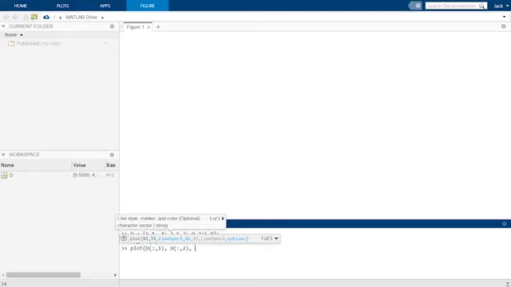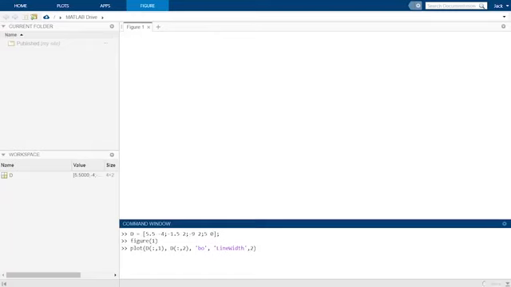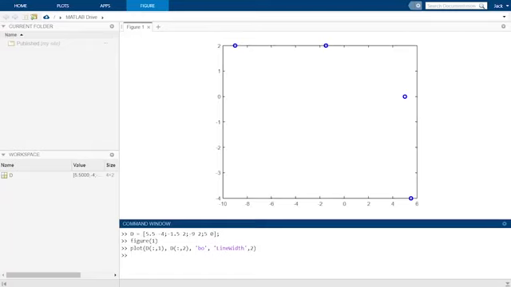We will use a blue O for the plot and make the line thickness a bit thicker than the default width of 1 so that the O's are nice and clear when we plot some other things on the same figure later. We can set the axes to range from minus 15 to 15 in the x and y directions.